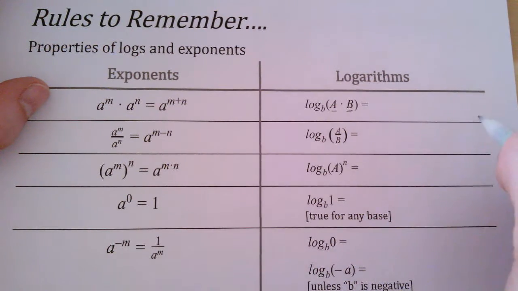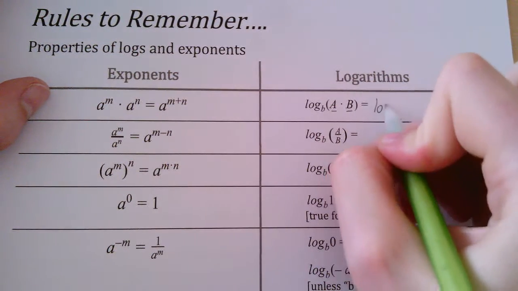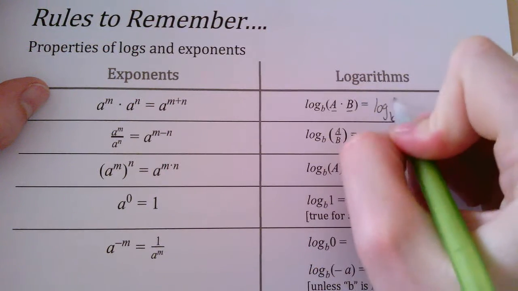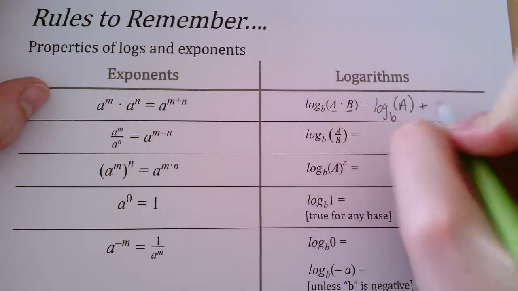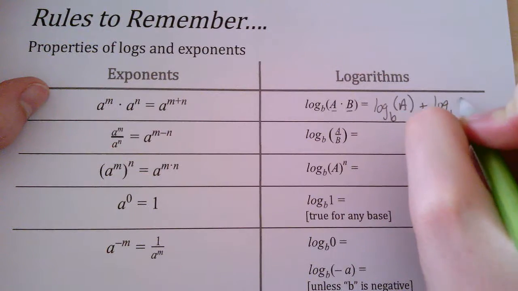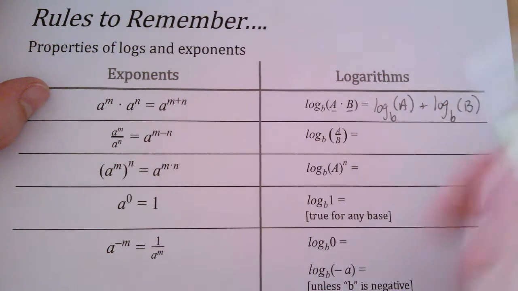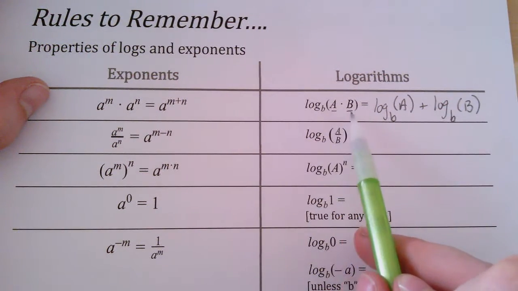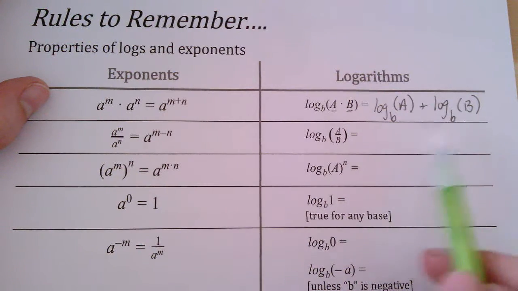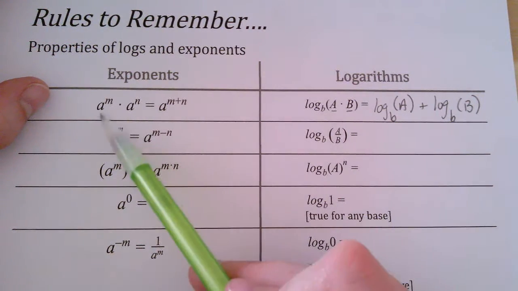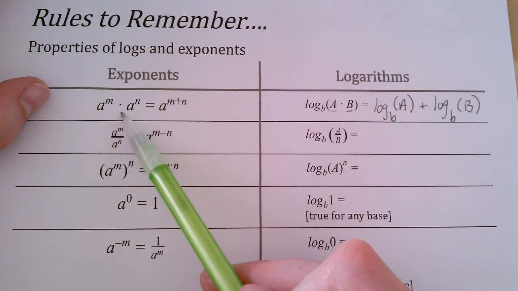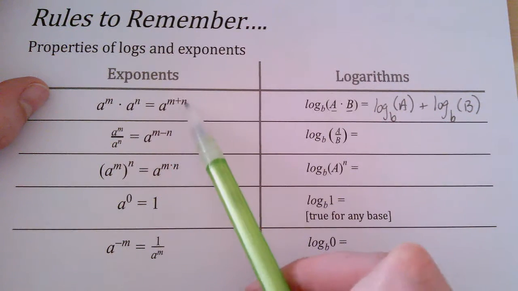We call this expanding the log as log base b of a plus log base b of b. So notice here that when we're multiplying the two numbers, I can expand this over addition, which is similar to the multiplication rule for exponents, where you then add the exponents.